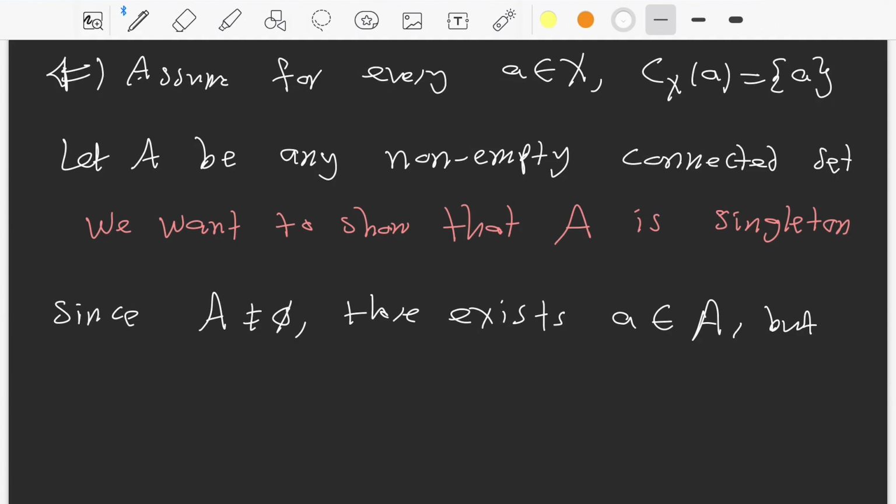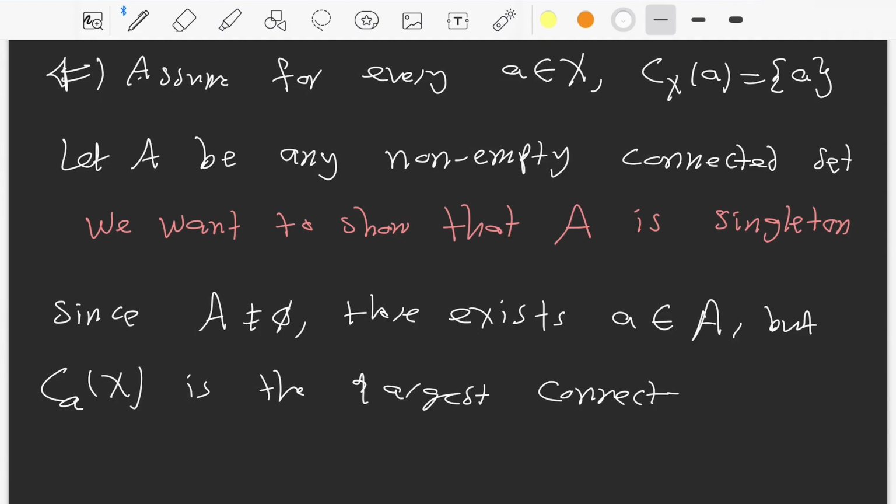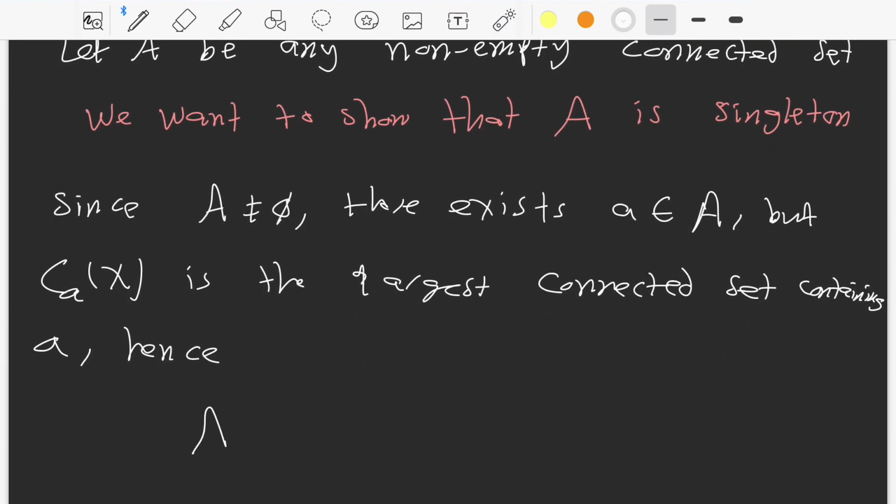but the connected component containing this a is the largest connected set containing a. Hence, A must be just part of the set.